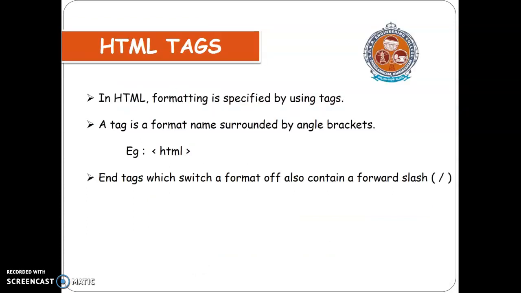HTML tags. In HTML, formatting is specified by using tags. A tag is a format name surrounded by angle brackets. Here the HTML tag is HTML in between two angle brackets. End tags, which switch off a format, also contain a forward slash.